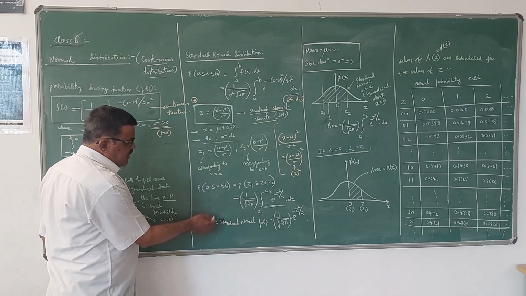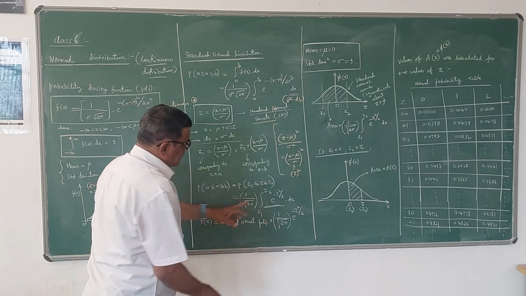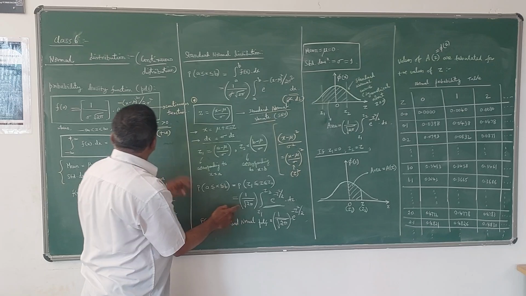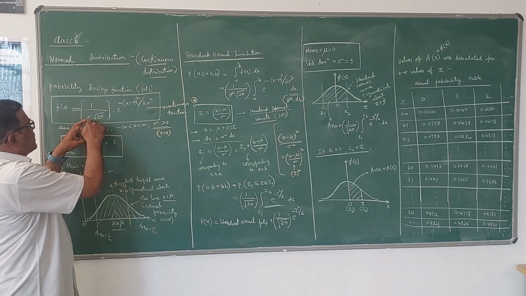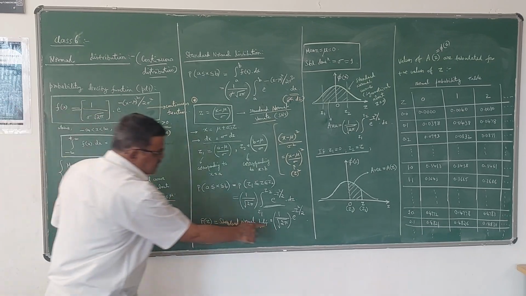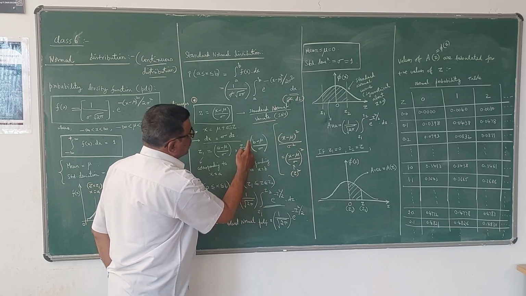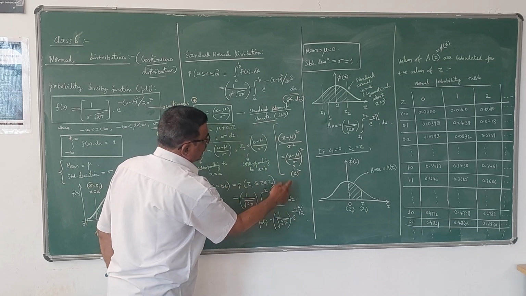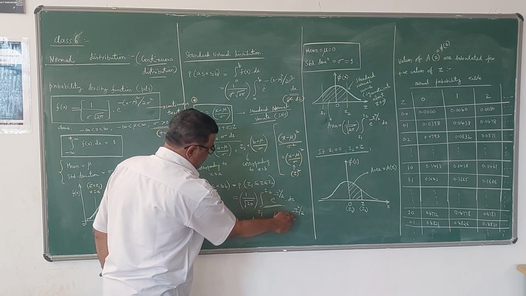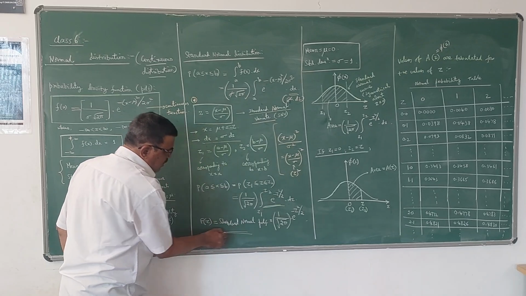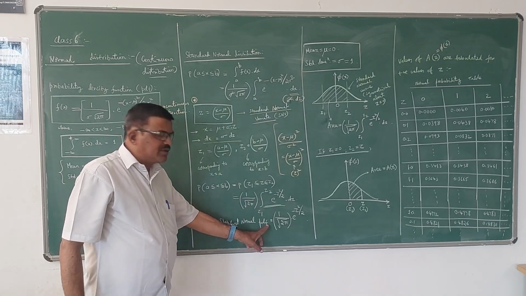That means I can write it like this. So here it is 1 by sigma root 2 pi. Here the sigma will get cancelled. 1 by root 2 pi into e to the power of minus z square by 2. This is called as standard normal probability density function.